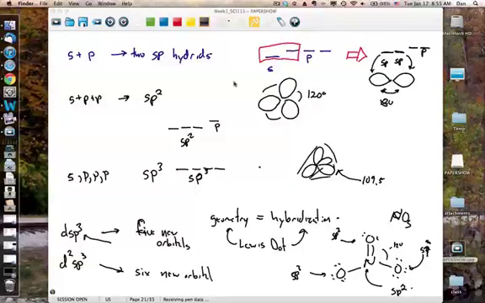And they're all the same in energy, and these correspond to our trigonal bipyramidal and our octahedral geometries. And so if you see something with an octahedral geometry, you know that it is d2sp3 hybridized.